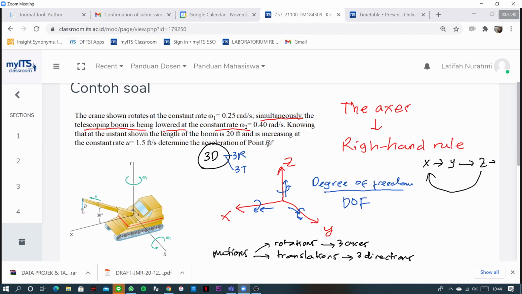So if you move like this, a combination of all 3 rotations and 3 translations, it means your rigid body, anything, your machine, my robots, for example, can have 6 degrees of freedom. Right? Now you understand the type of motions and the number of motions in 3-dimensional space.